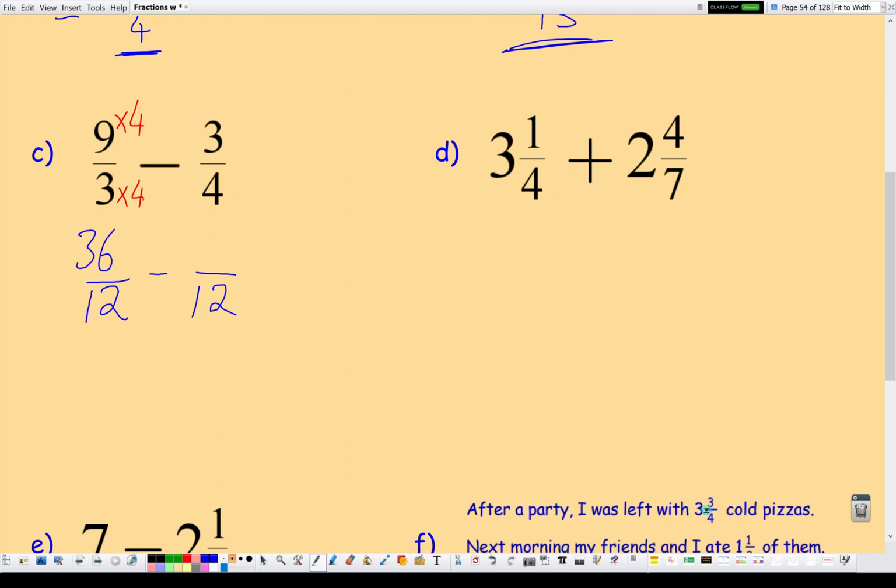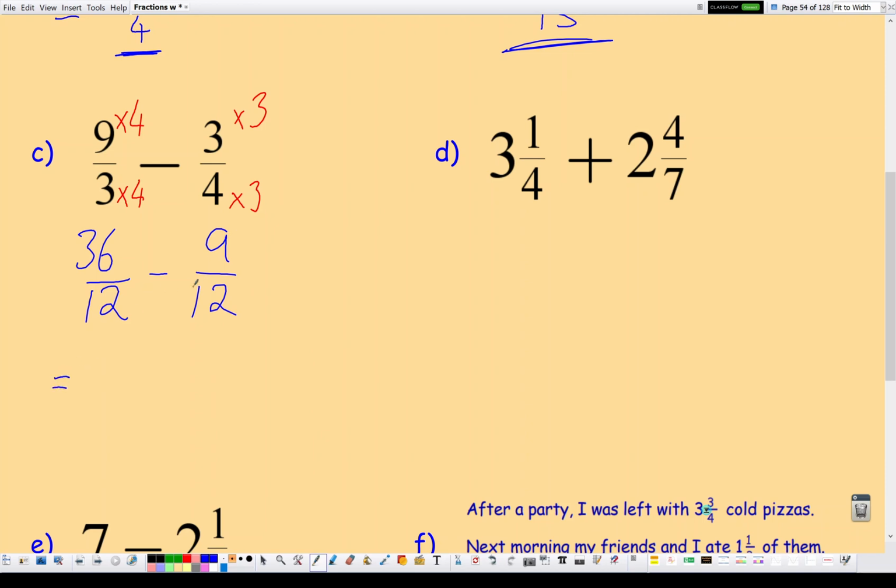What have I done to my 4 on the right hand side to get to 12? Well, it's just the opposite of the first one. I've multiplied it by 3. So I have to do the same to the top, 3 times 3. So I'm left with 36 over 12 minus 9 over 12.